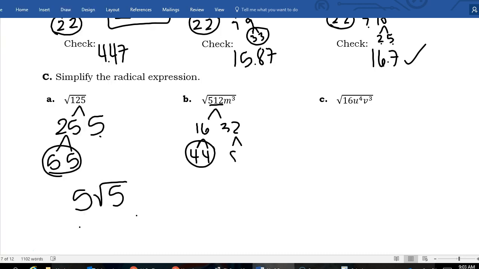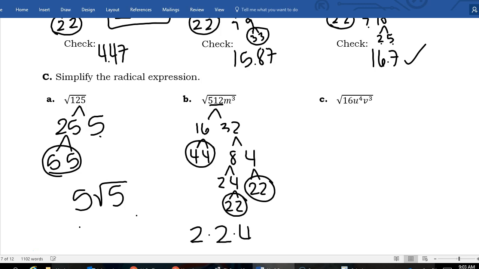Okay, I can pull out an 8 and a 4. 4 is going to give me a 2 and a 2 that I can pull out. 8 is 2 and 4. 4 is going to give me another 2 and a 2 that I can pull out. So I'm going to pull out a 2, and a 4, and I have a 2 left behind.